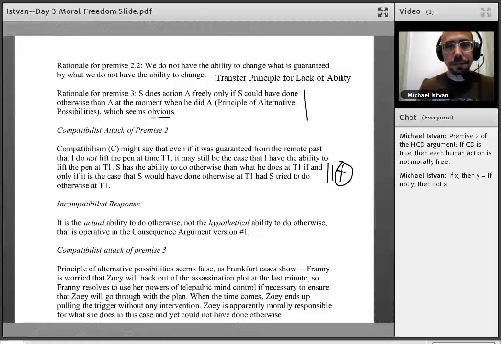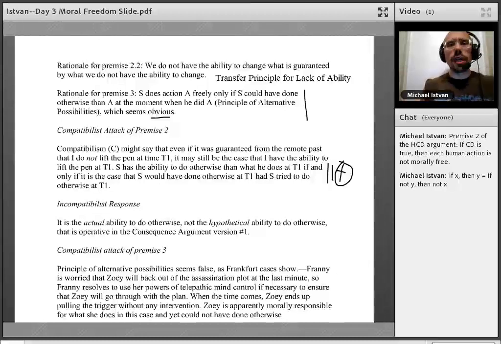So that's their account. That's what's grounding their attack of premise 2, at least according to the strategy that I'm raising right now. They say, hey, it makes sense, according to the account that I just gave you of the ability to do otherwise, to say that even if it was guaranteed that I don't lift the pen at time 1, I still could have the ability to lift the pen at time 1.